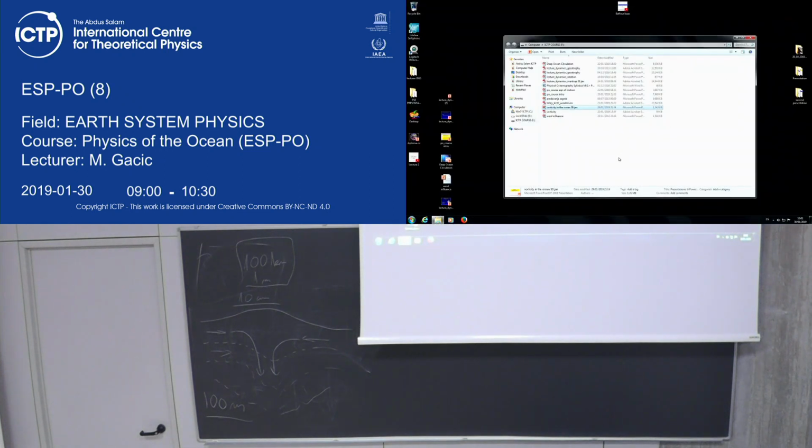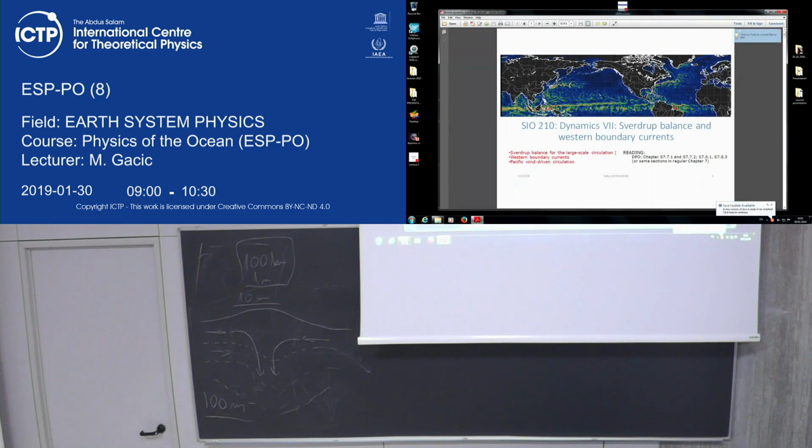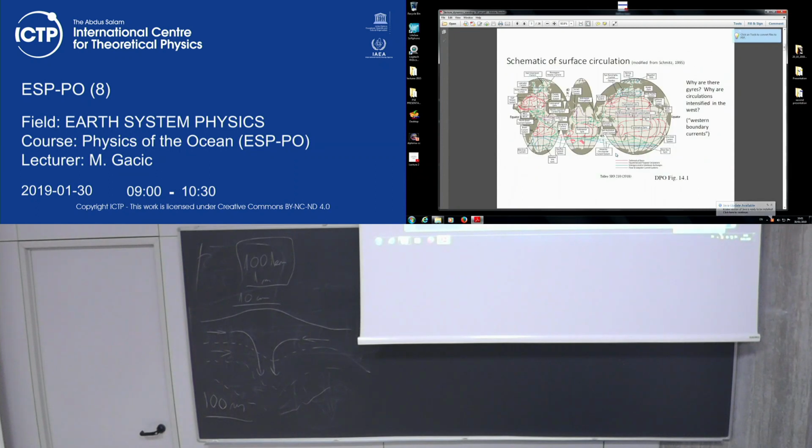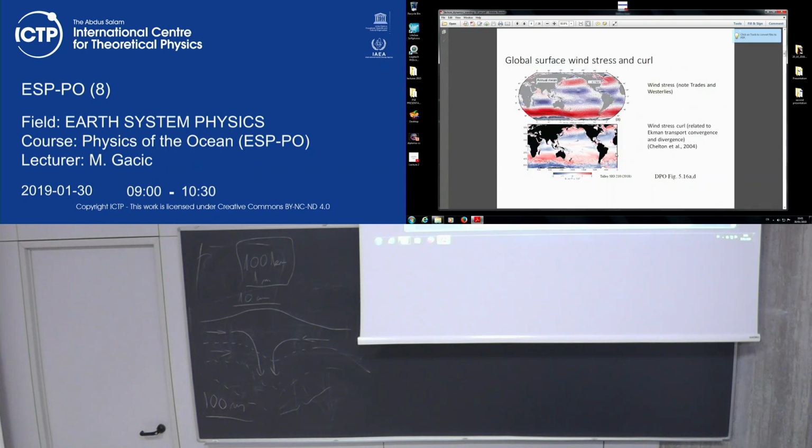Before we pass to the instrumentation, I would like to go back a little bit and see how we connect the wind stress with the average circulation, because the average oceanic circulation has 2 main mechanisms keeping it going.